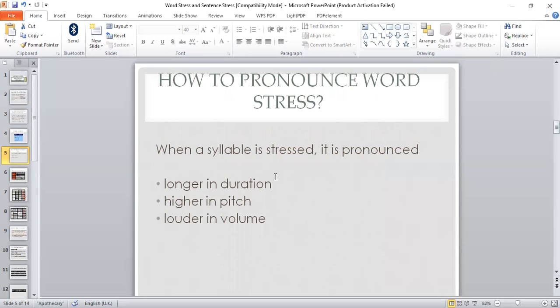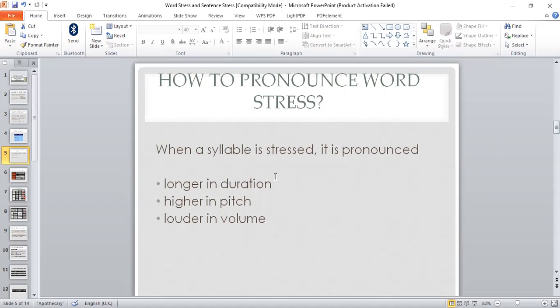When you have a word and you want to identify the stressed syllable, these are the three criteria that you put in check. The first one is that the stressed syllable will be longer in duration. If it has a vowel sound in it, the vowel sound will be long. With consonants, we don't have long consonant sounds; it is only with vowels that we have short and long vowel sounds.